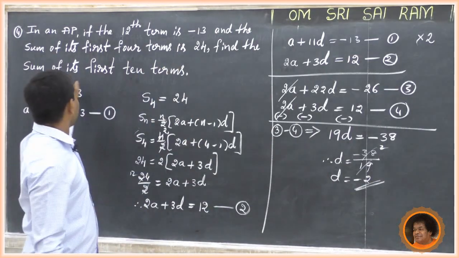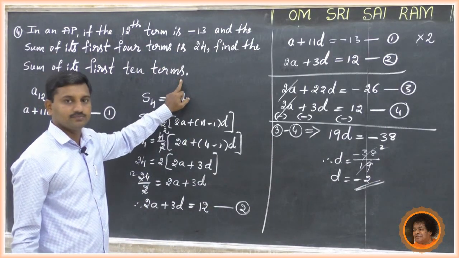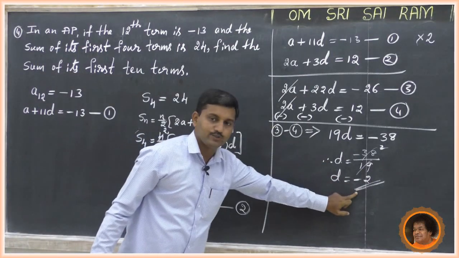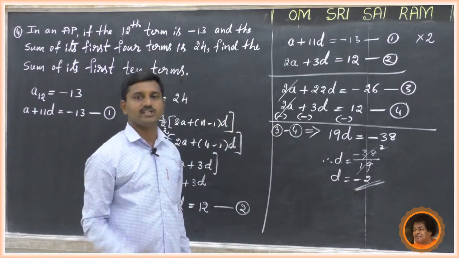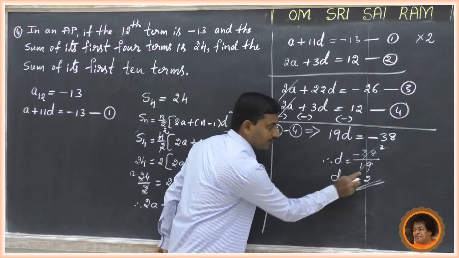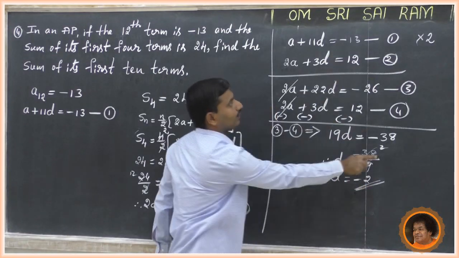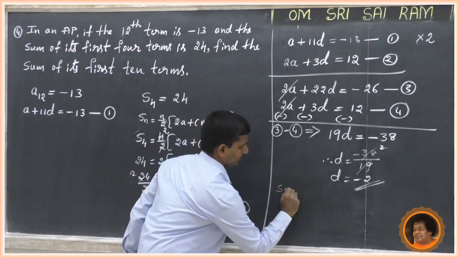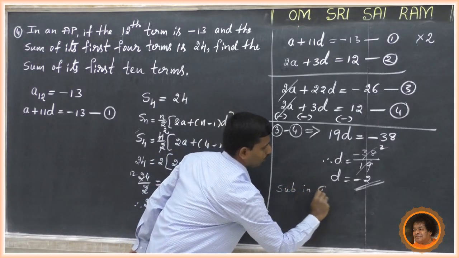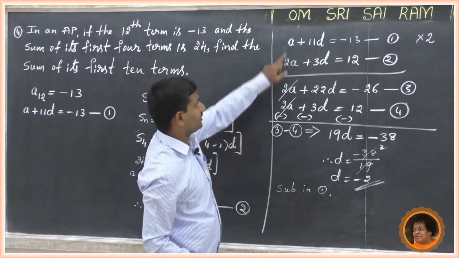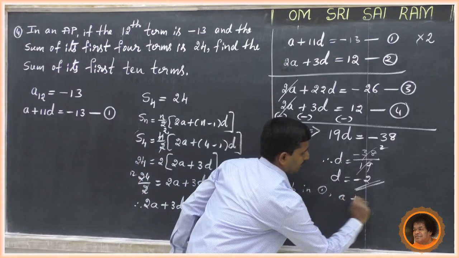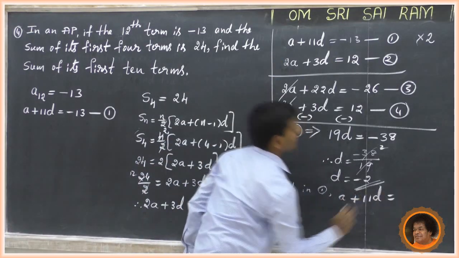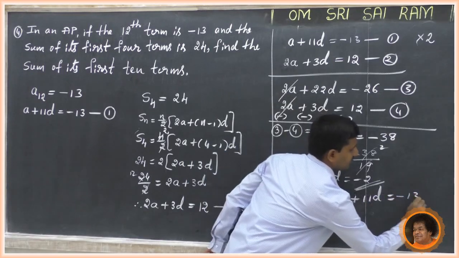So what is the question given? Find the sum of its first 10 terms. d value is minus 2. So what is the value of a? Substitute d value minus 2 in any one of the equations, either equation 1, 2, 3, 4. Now substitute in 1. So what is the equation? a plus 11d equal to minus 13.